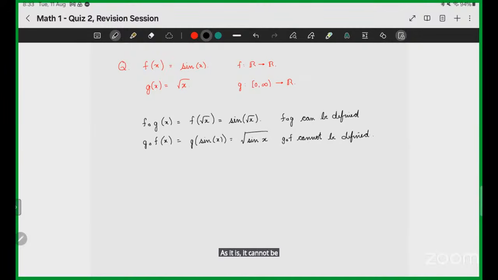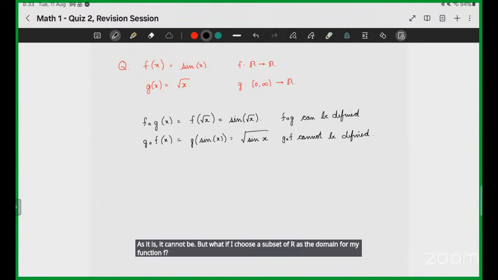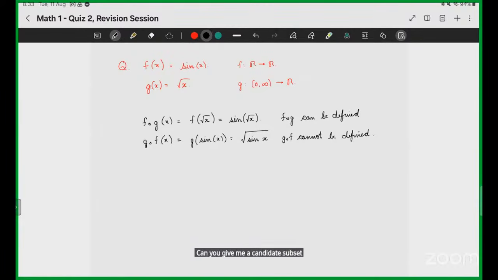But what if I choose a subset of R as the domain for my function f? Can you give me a candidate subset? Let me write that question down.